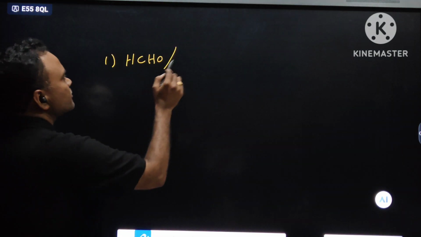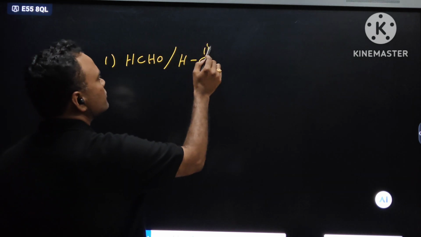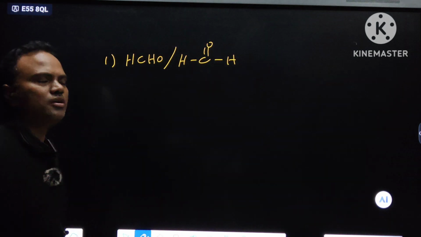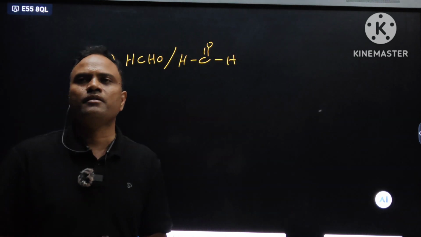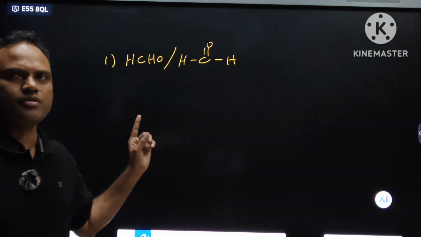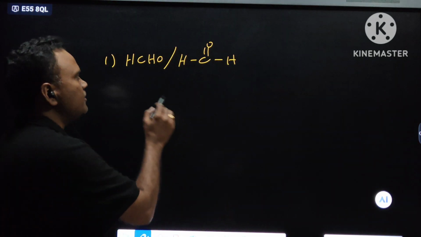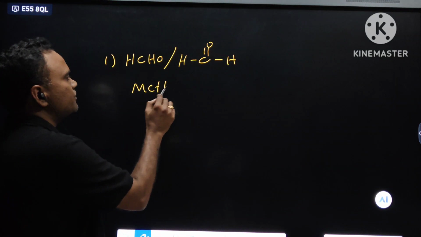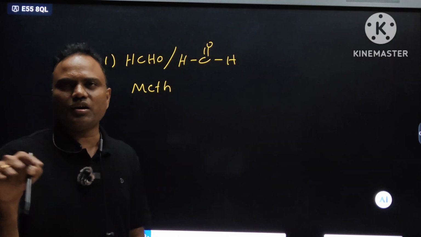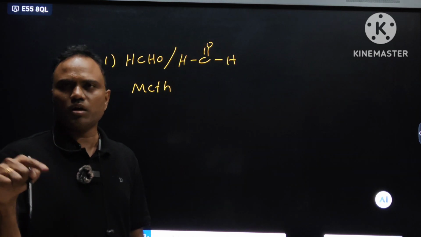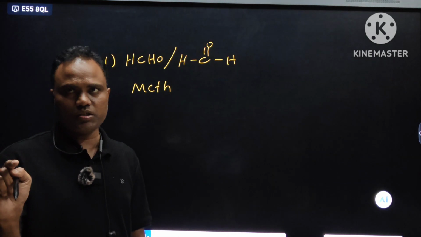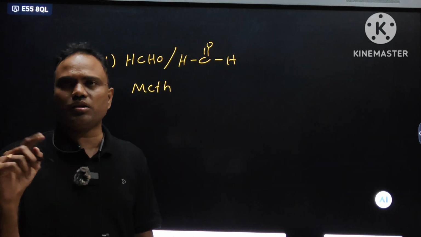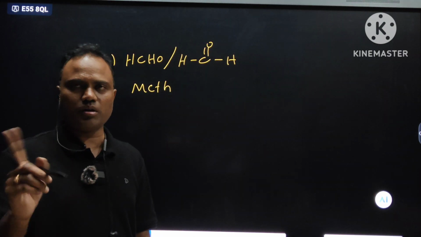First compound: HCHO, or it can be represented as H C double bond OH. How many carbons are present in this? One carbon is present, so meth. Is there any carbon-carbon double bond? No. Carbon-carbon triple bond? No. Double bond is there, but not between carbon and carbon, between carbon and oxygen.